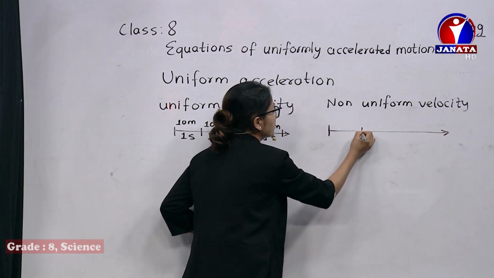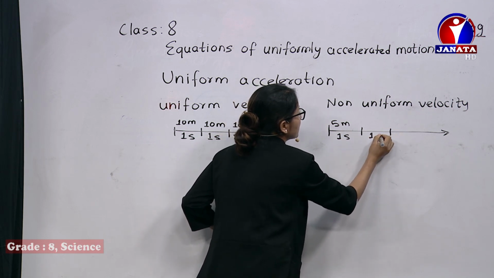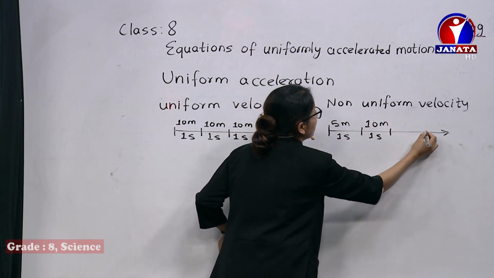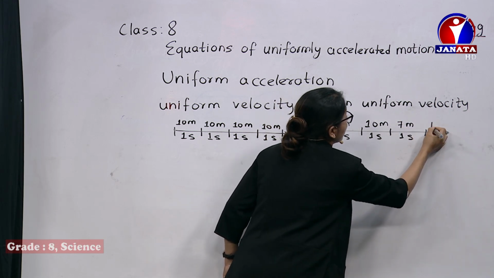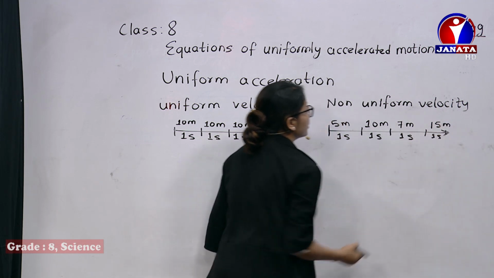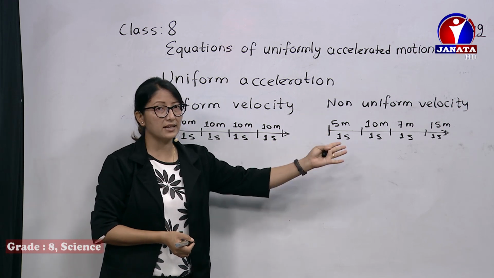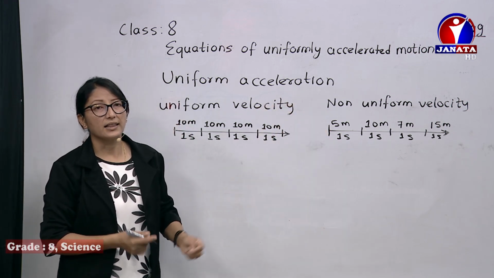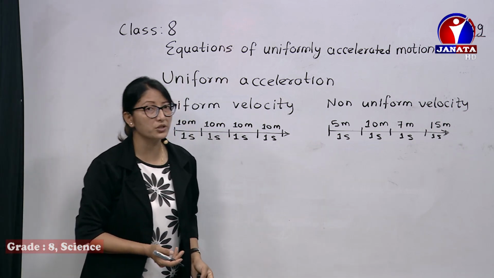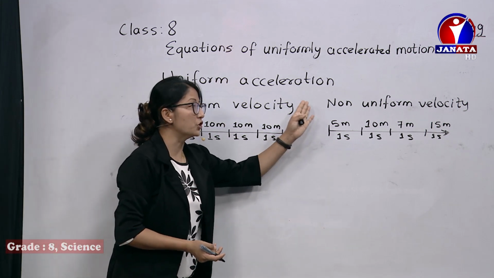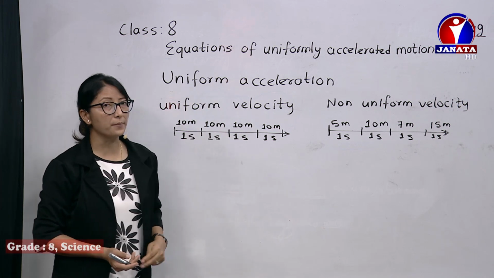Like here, in the first second it covers 5 meter, in the second second 10 meter, in the next 7 meter, and in the next second maybe 15 meter. If it covers unequal displacement in equal intervals of time, then it is said to have non-uniform velocity. So let's connect uniform velocity with uniform acceleration.